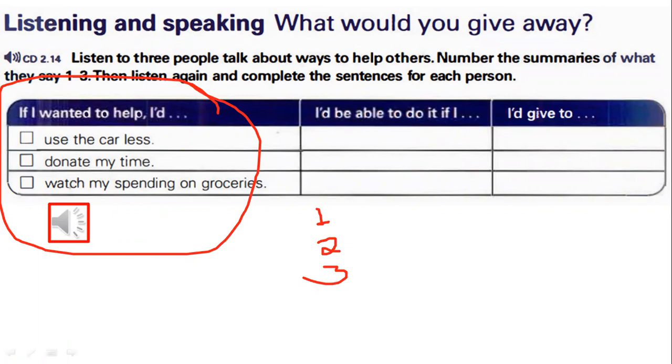You know, it costs me a fortune every month just to buy gas. So, yeah, it'd be easy if I rode my bike to get places. So, yeah. And who would you give the money to? Let's see. Probably to a children's charity. Something to do with kids.